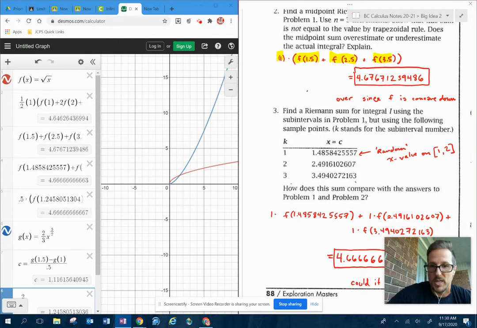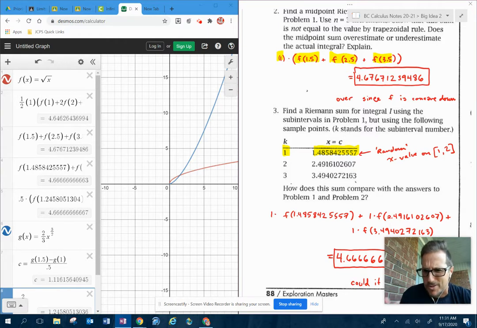Let me explain. It's a little weird at first glance, but on the first subinterval, k equals 1, they're asking us to use this point, 1.48, etc., as the value, not the midpoint, but this randomly selected point on the interval 1 to 2. Same thing for the other 2 subintervals.